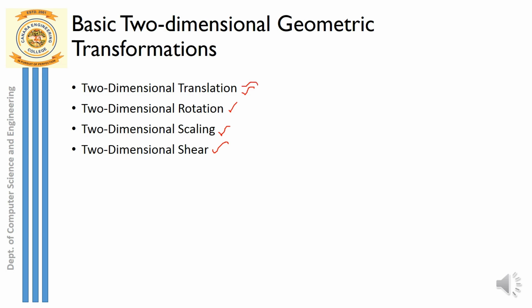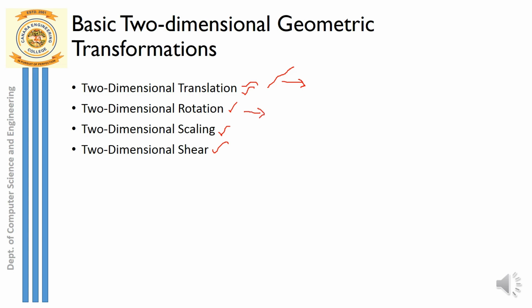The name itself says it is applied over the object to move from one position to the other position. Translation is basically shifting, a displacement of the object, that is, moving it from one position to the other.